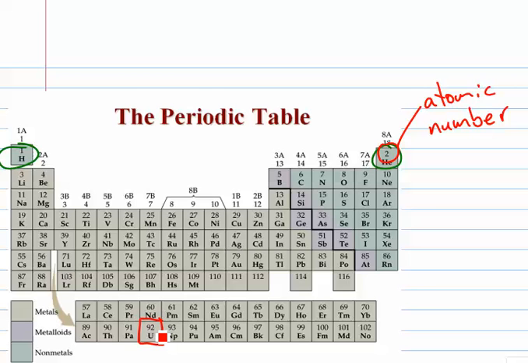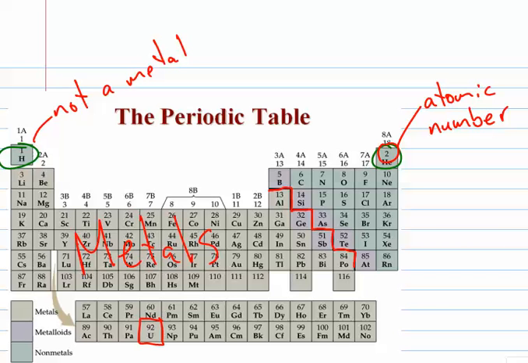Most of the elements are metals. So if we look along this bold line which divides our metals over on this side, all of the elements to the left of this diagonal line, with the exception of hydrogen, which is not a metal, of course, it's present as a gas generally.